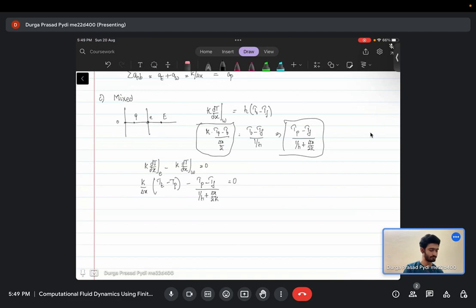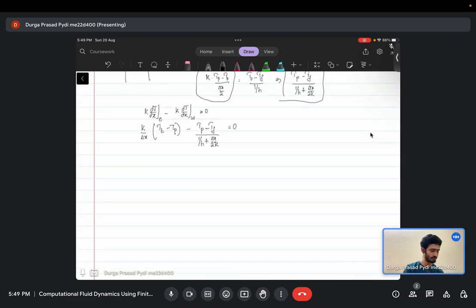equals 0. So this will give me, if I group the terms, for the east term I have k over delta x, for the west I don't have any coefficients, and for the constant term I have something like 2kh by k plus h delta x into fluid temperature equals, now for the Tp I have two terms, one coming from the east and one coming from the west boundary.